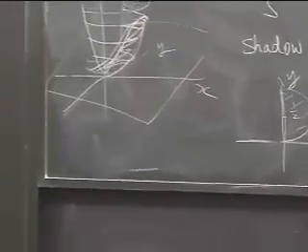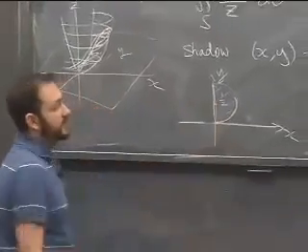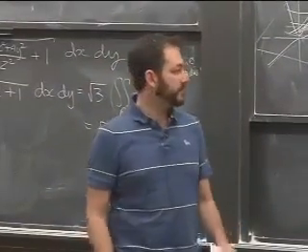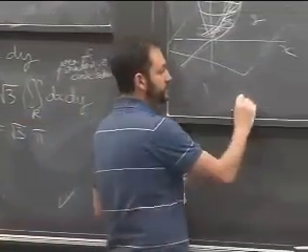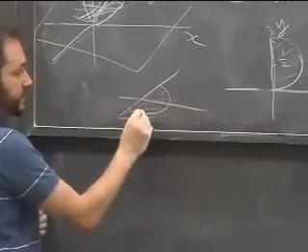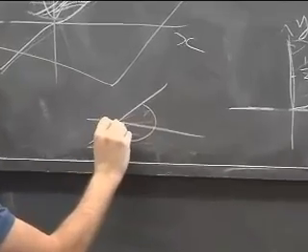And again, for every point in this shadow, you can find out what z is. z is just x squared plus y squared. So another way of drawing the damn thing is to draw the shadow region first, now that we know what it is, and just draw the paraboloid above it.